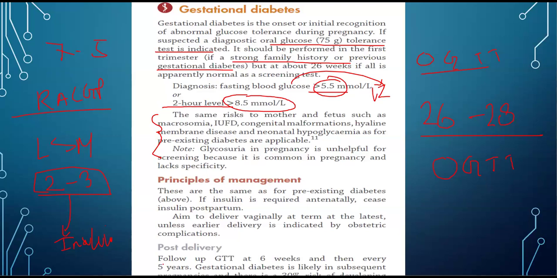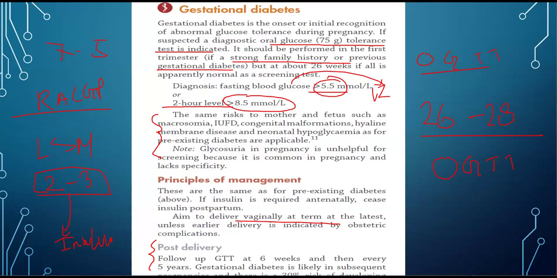And for gestational diabetes, your aim of delivery will be at term, and normally you would go for vaginal delivery. Now this comes in the exam: how to follow up a gestational diabetes patient after delivery. According to the old guideline, follow-up should be an OGTT at 6 weeks, and then an OGTT every 5 years.